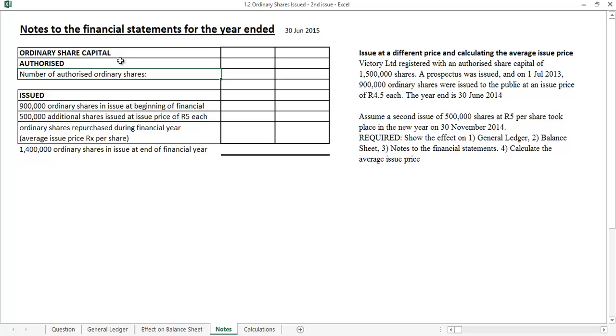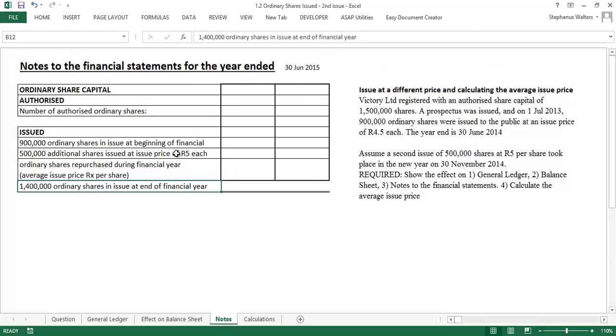1.5. Sorry, let's just go back to the formula here. Number of authorized shares is 1.5 million. All right. Then in the first year, I had 900,000 shares that was issued. So that was in the previous year. This we had a calculation 1 year of 4.05.